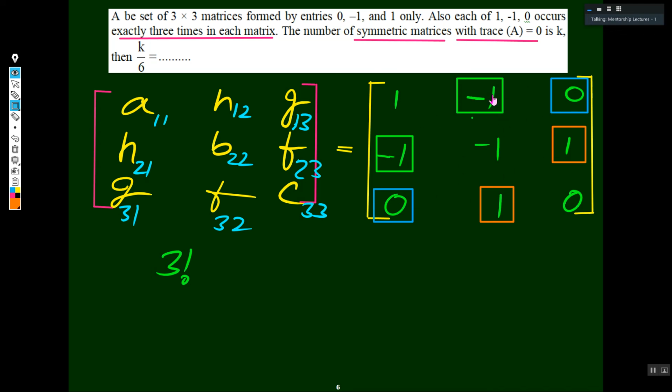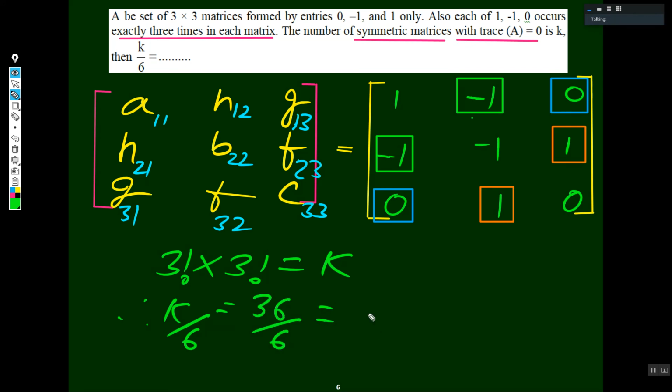So arrangement happens only either above the diagonal or below the diagonal. That happens only in 3 factorial ways. So it is 3 factorial into 3 factorial. What he's asking is nothing but k. Therefore, k by 6, 36 by 6 is 6. That's it.